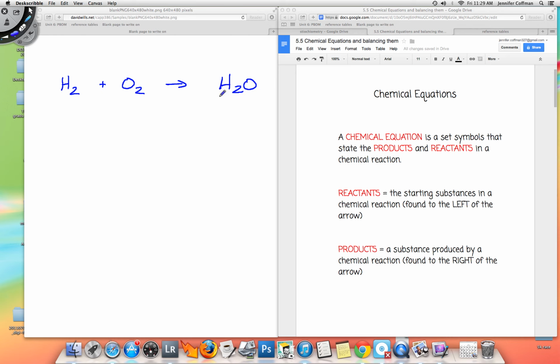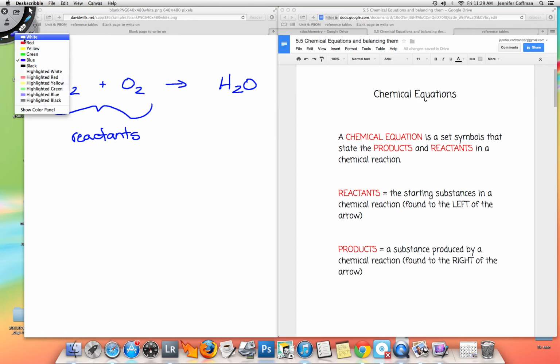Okay, what does this story or recipe tell us? It tells us that the stuff that we have on the left side of the reaction is what we are starting with. We are starting with hydrogens, we are starting with oxygens. And those things that are on the left side of the reaction are called reactants. Then we have this arrow, and the arrow generally will be referred to as yield, or become, or creates.